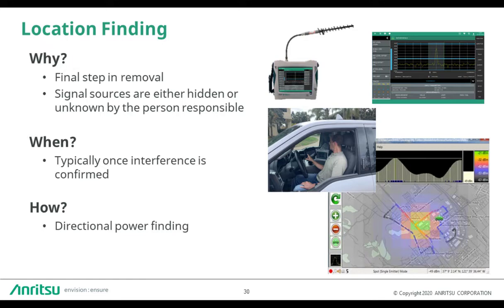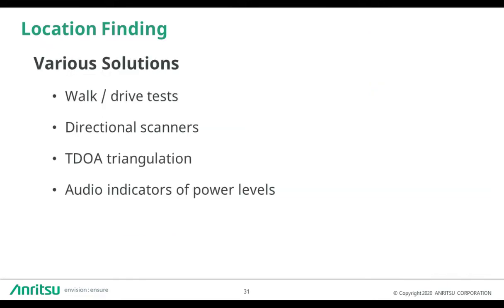This is typically done once you know you have an interferer, you have some idea of what type of interferer it might be, and you just do that through directional power finding. An example we have here is on this instrument we have a directional antenna. Using a directional antenna, as you sweep through the air, you can track audio tones. Actually, skip over here to the next slide.